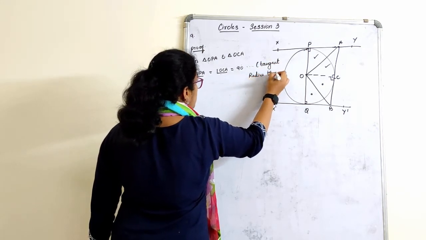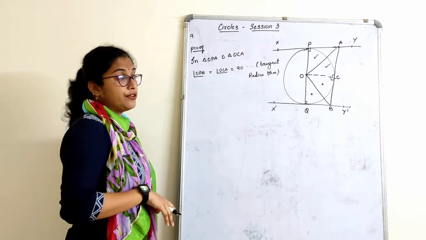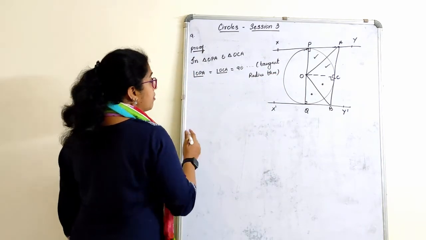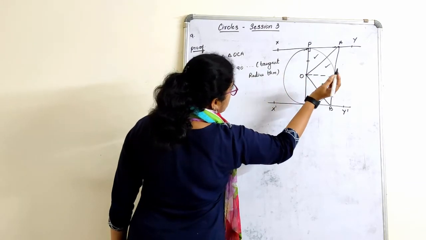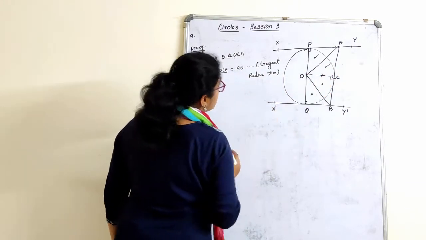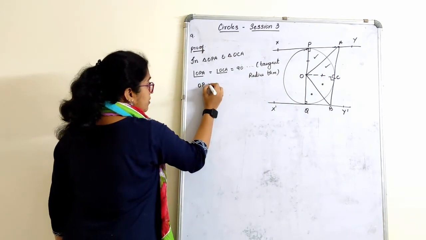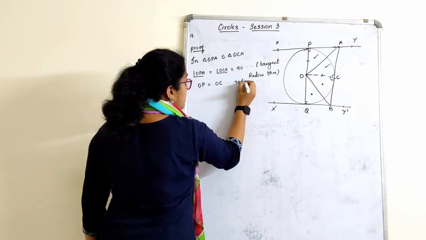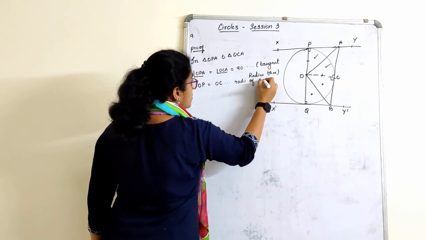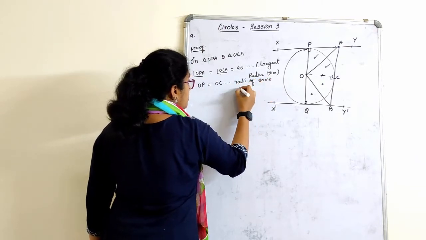If not this, you know what to write: tangent at the point of contact of radius is perpendicular, or 90 degrees. These two angles are 90. Can I tell OP is equal to OC? Why? OP is equal to OC, radii of the same circle.